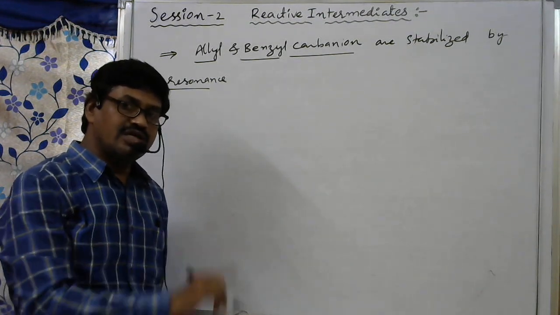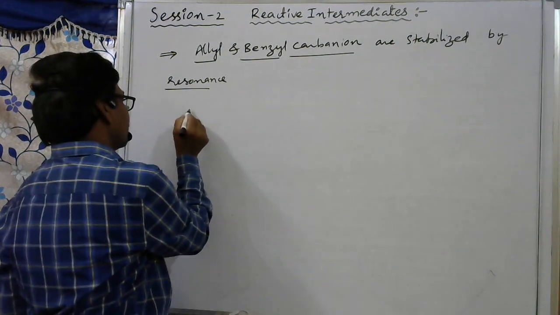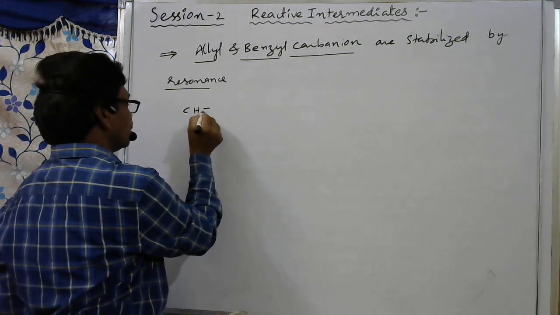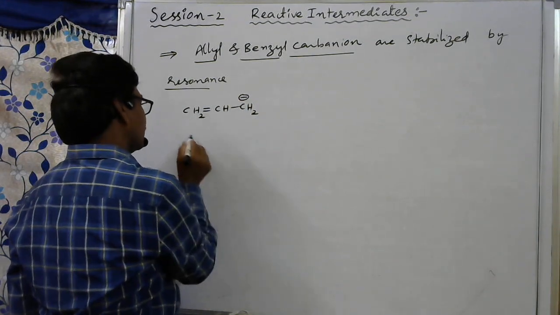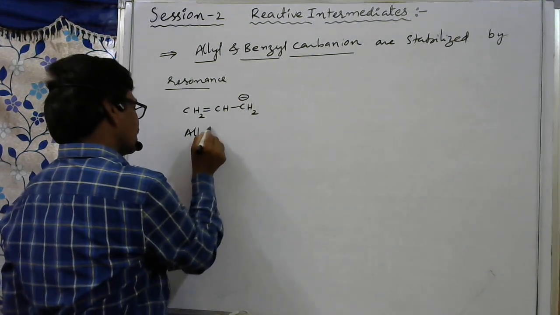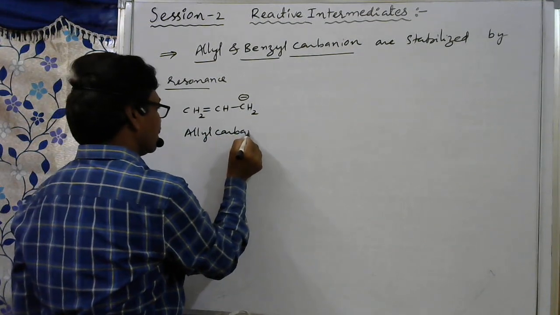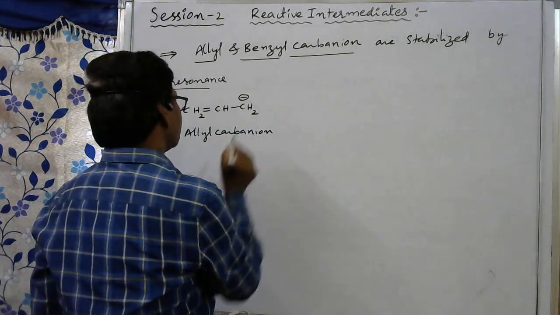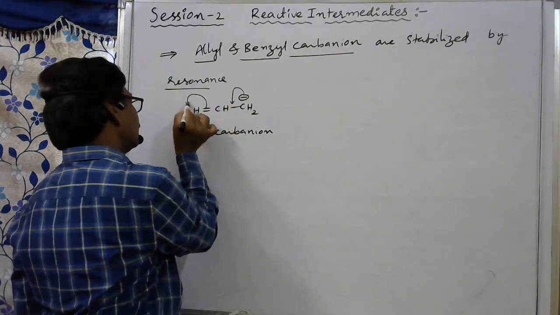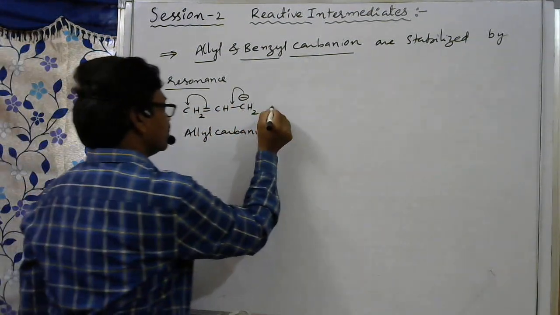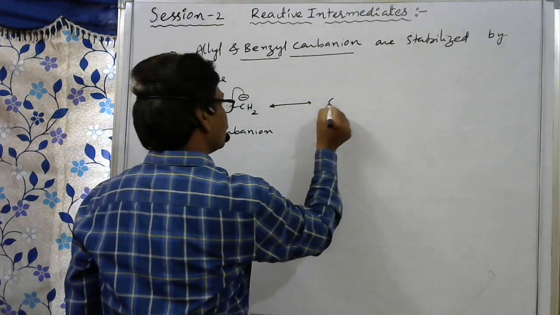Here there is no inductive effect. See here I am writing the allyl carbanion: CH2 double bond CH, CH2 minus. This is the allyl carbanion. When this negative charge shifts from here to here, the bond shifts to the carbon, so we get one more resonance form.